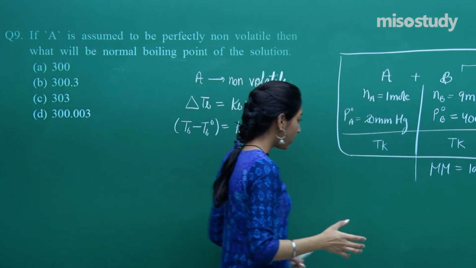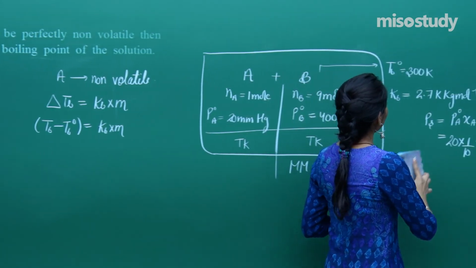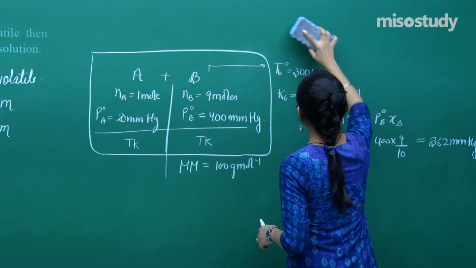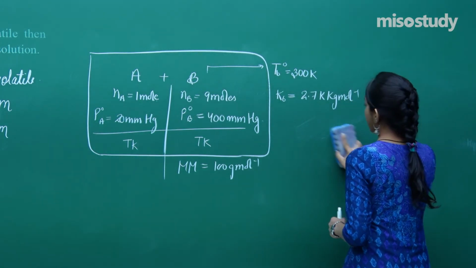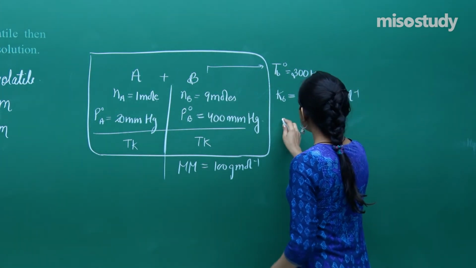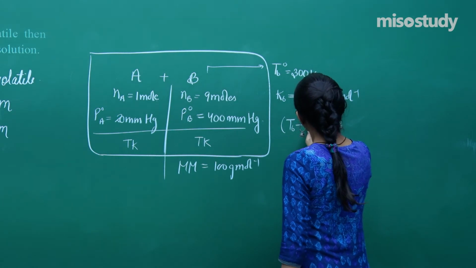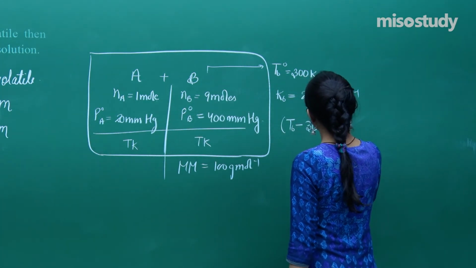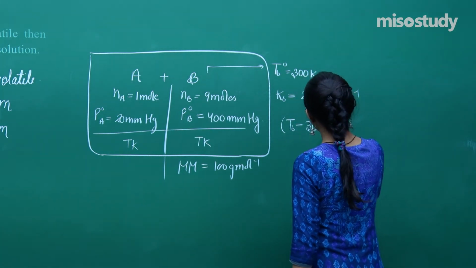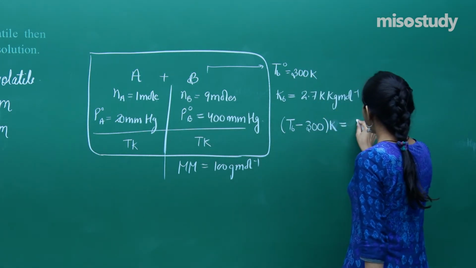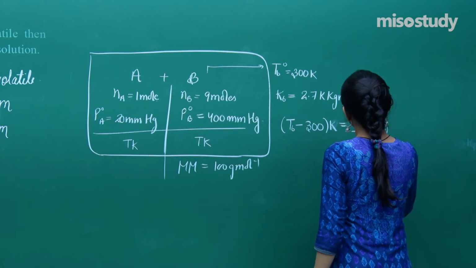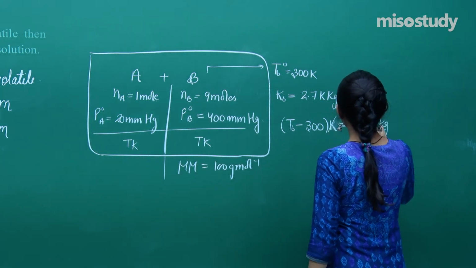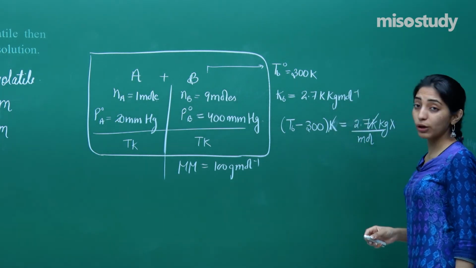So let me put the values here. TB I need to calculate. TB naught is 300, and both are in Kelvin, is equal to KB, which is 2.7 Kelvin kg per mole. Kelvin will get cancelled, divided by molality.